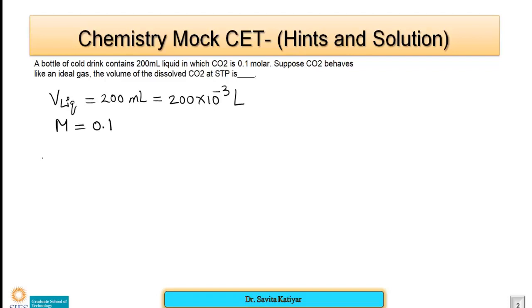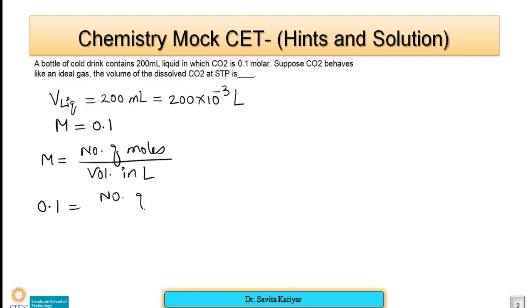We all know that molarity is equal to number of moles divided by volume in liter. So let us substitute. Molarity is 0.1. Number of moles of CO2 we have to calculate.